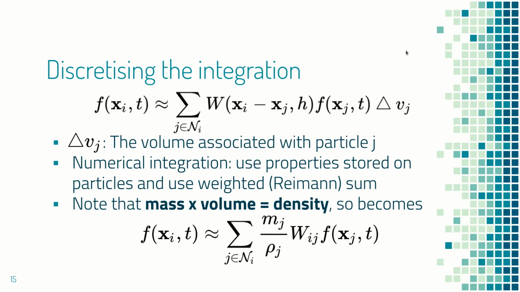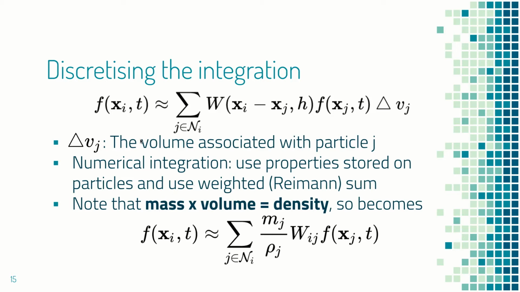And then what we end up with is this term here for the integration, which is the volume associated with each particle. So that's delta Vj, the volume. Now what we're essentially doing is performing numerical integration using these properties stored at the particles, such as density. Essentially we're just doing a Riemann sum, or at least a weighted Riemann sum.